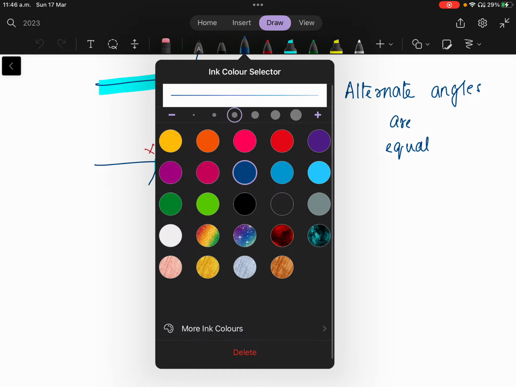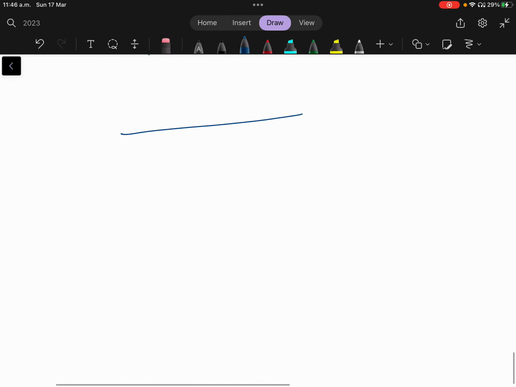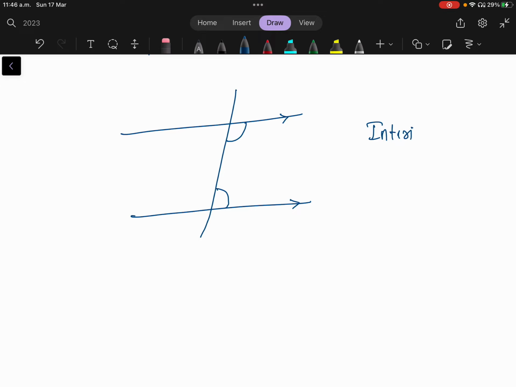Now the third type is, you have two parallel lines again, and then there's a line which is going through. What you have is this angle and this angle. These are called interior angles.